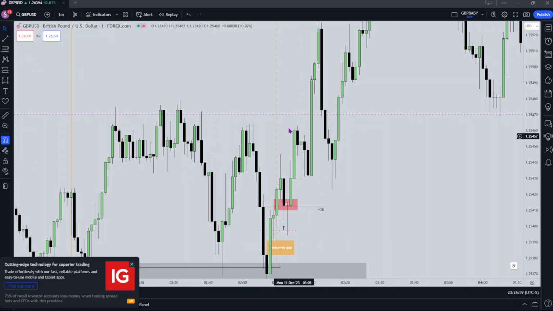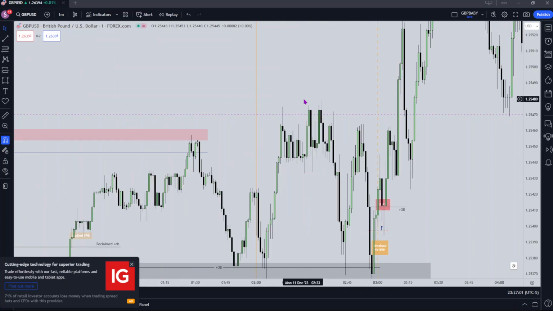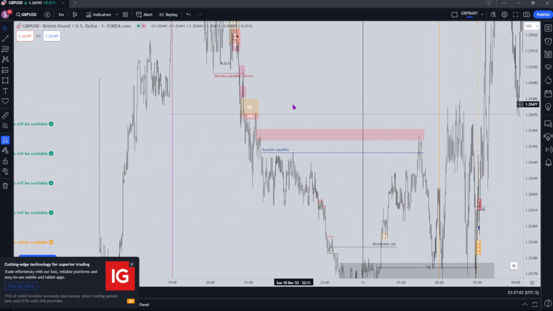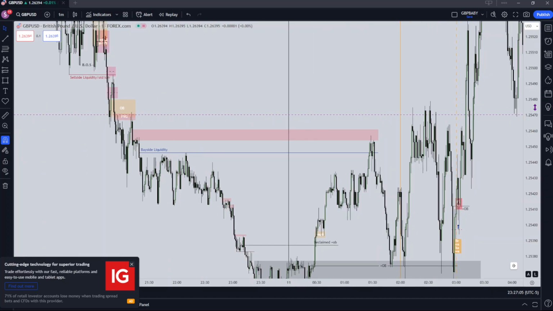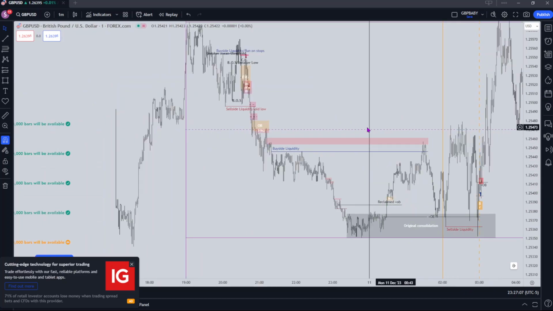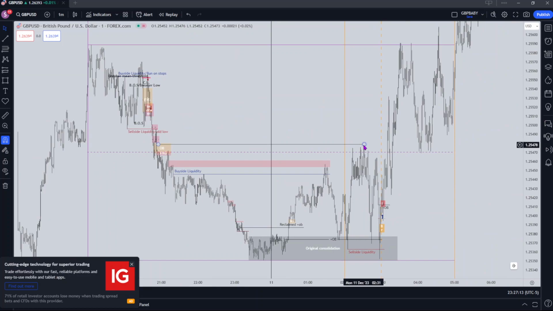Once we trade through, we eventually run out of these stops resting above here. And here, these are relative equal highs, all across here, so we can draw that out. Buy side liquidity.